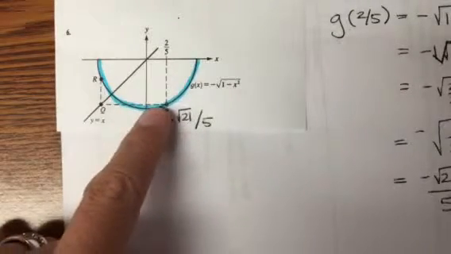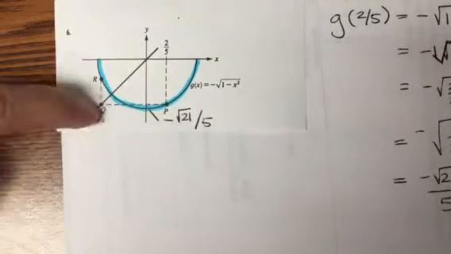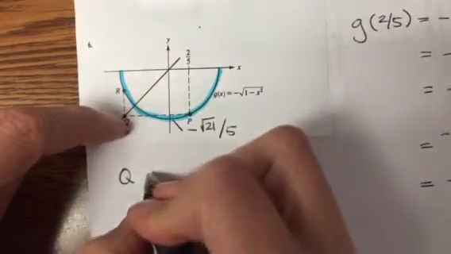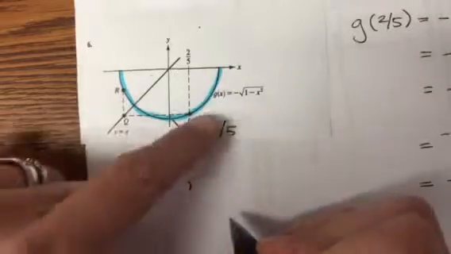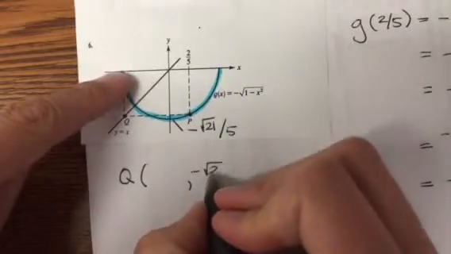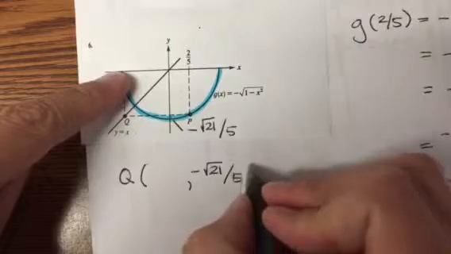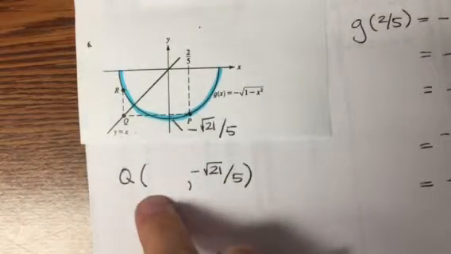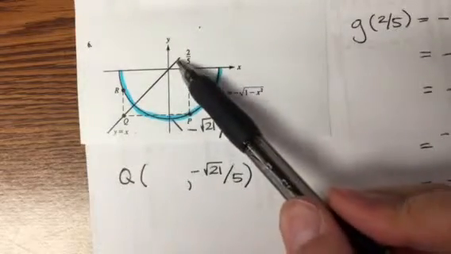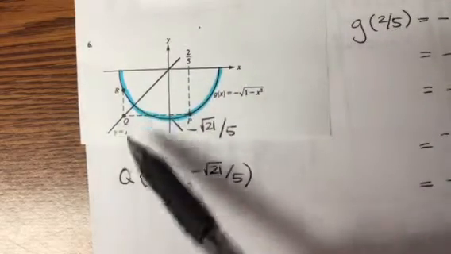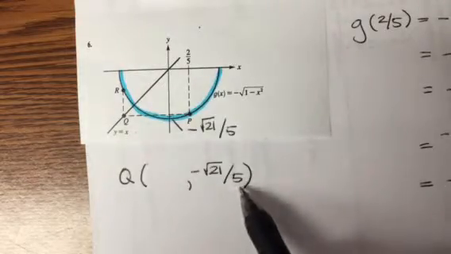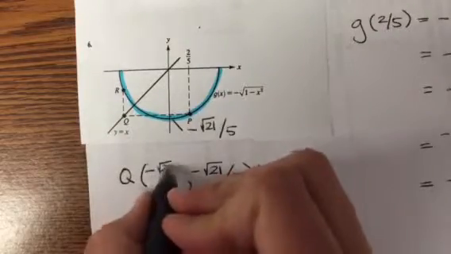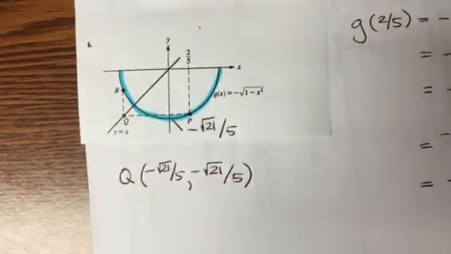So that means that when I'm looking over for my Q now, the Y value for Q is the negative square root of 21/5. So now for the Q, I need to find my X. When we're looking at this, we could see the Q is falling on this line, which is Y equals X. So since we know that Y is equal to this number, then that's also what our X is equal to. So you can just put that in.